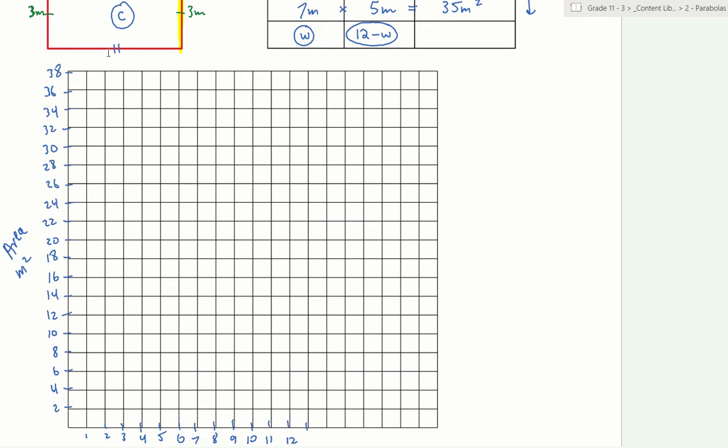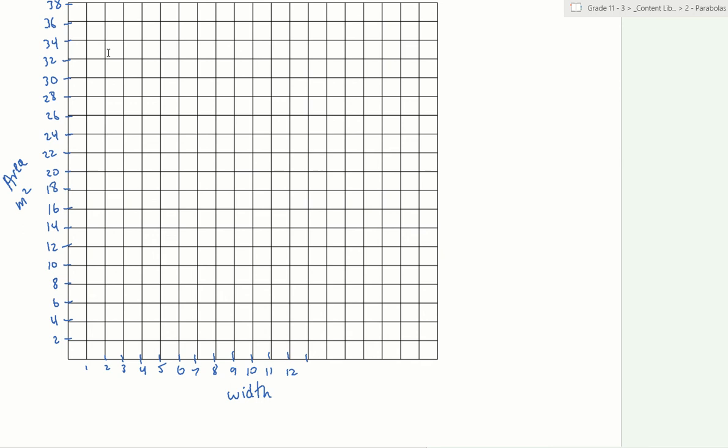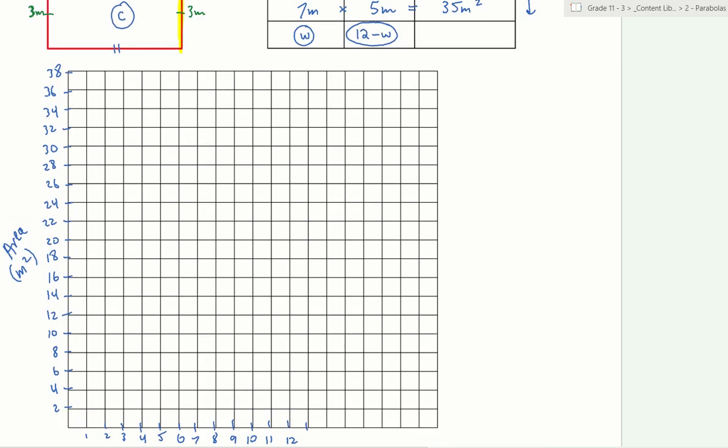All right, so here we are. I've put my numbers on here. So again, when I label the x and y axes, the width is in meters, the area is in meters squared. I decided to go up by 2's so that I could go all the way up to 36 and so on. All right, so let's graph these things. When the width was 1, the area was 11.